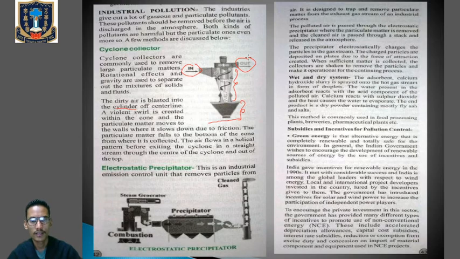Now, through the inlet, which is also called the tangential inlet, the air containing particulate matter of higher size enters the cyclone collector. As mentioned, rotational effects and gravity are used to separate the mixture of solids and fluids.